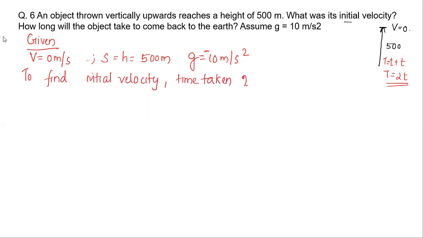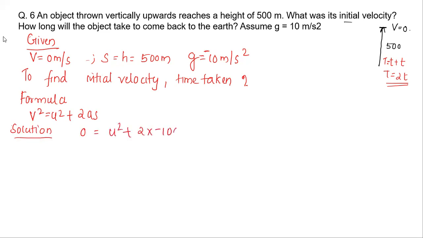We know the formula for finding out initial velocity, if s and v is given, we can write from Newton's third equation of motion, v square is equal to u square plus 2as. Substitute the values. That is v is equal to 0. 0 square is 0 is equal to u square plus 2 into minus 10 into 500. 5 2s are 10.